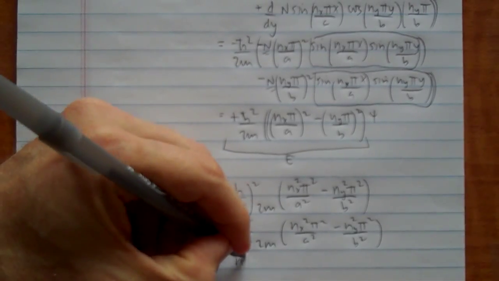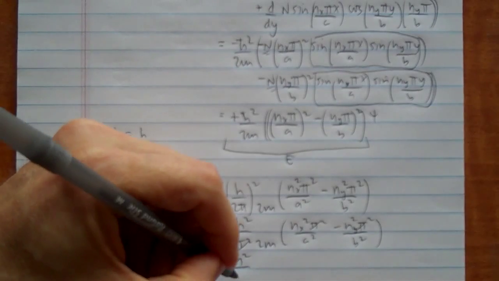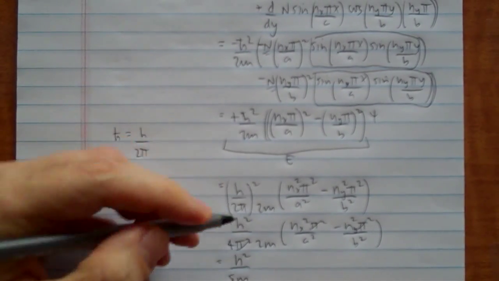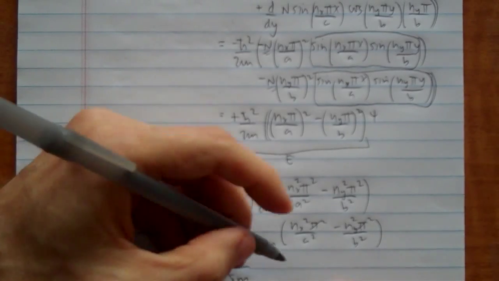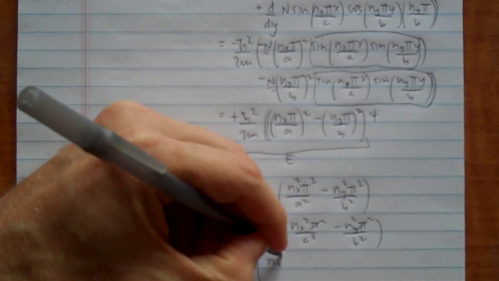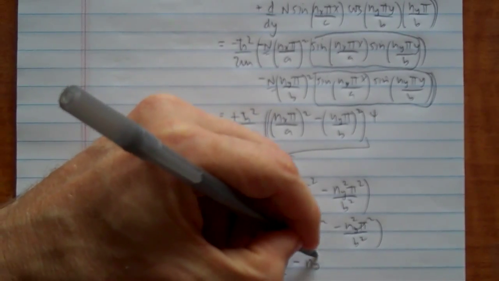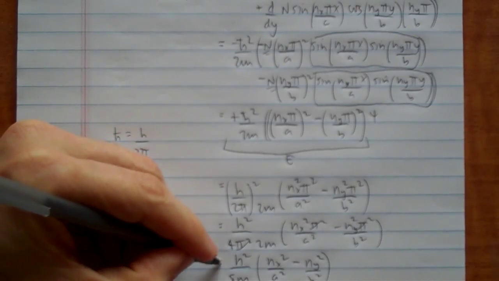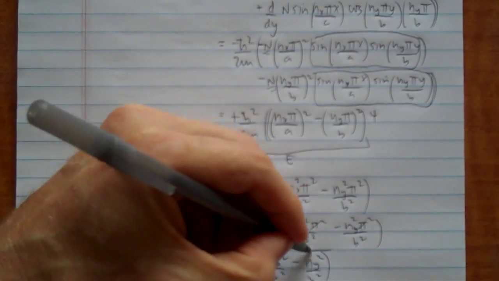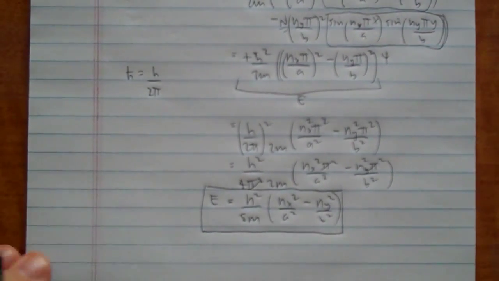So this is going to be h squared over, let's get rid of those guys, 8m. Just took care of all that. There's my h squared. Okay. So it's nx squared over a squared minus ny squared over b squared. Boom. Wow. And that is the energy. Made up my own energy formula.